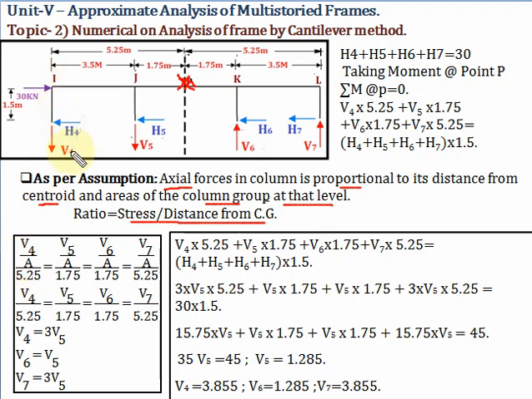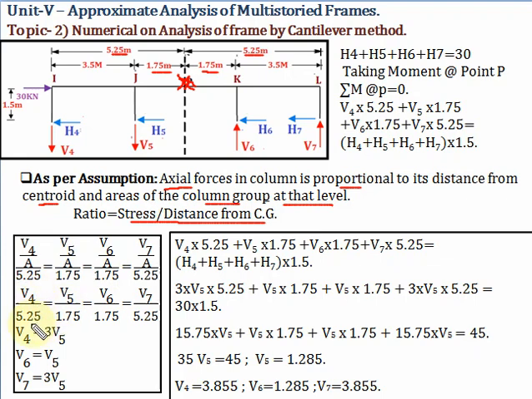For column 1, the force is V4 upon area A, and the distance from CG is 5.25. The next column is V5 upon A, with distance from CG 1.75. The next column is V6 upon A, with distance from CG 1.75. The next is V7 upon A, with distance from CG 5.25. If you simplify this, we get V4 upon 5.25.